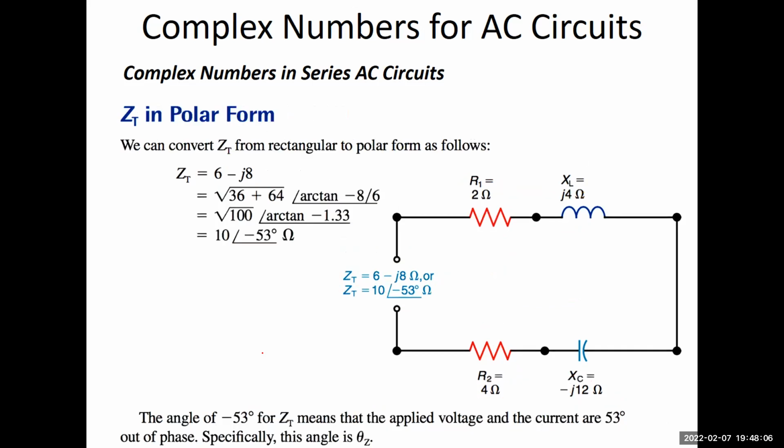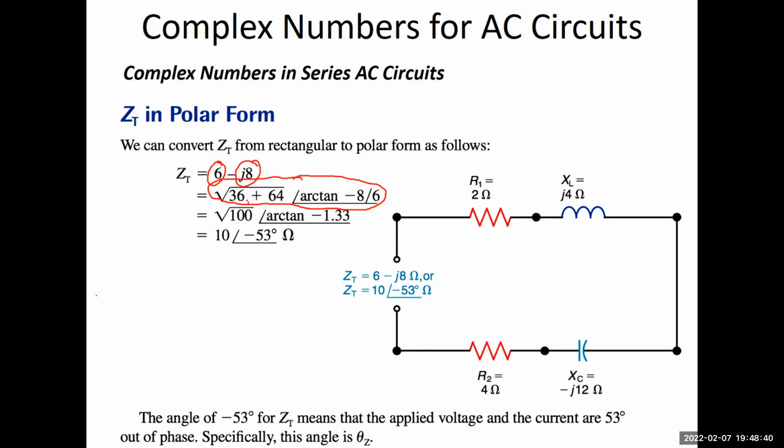So how about ZT in polar form? We could convert ZT from rectangular to polar form, so ginawa na natin yun, by using these formulas. Wherein our magnitude is equal to the square root of the sum of the squares of R and XC or XL.